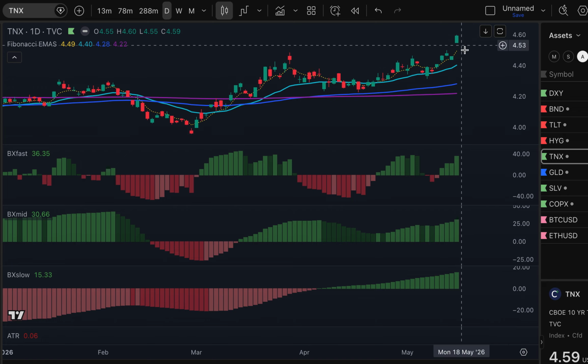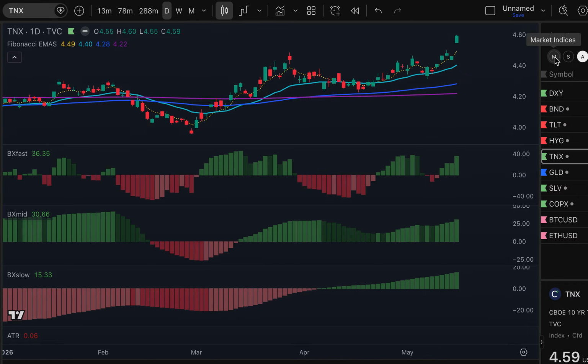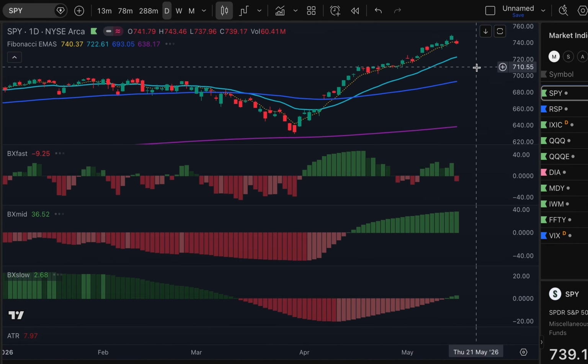So it's kind of a big spike up for one day on the 10-year Treasury yield, and I believe that's what markets were reacting to on Friday. We were seeing a lot of down candles.